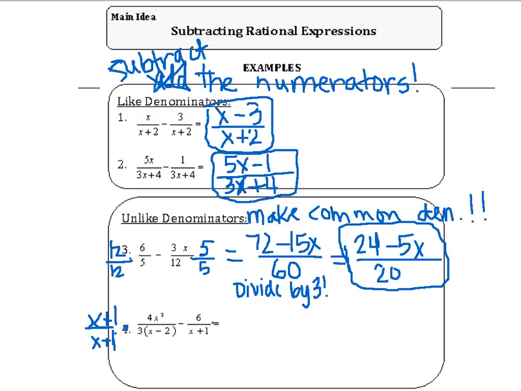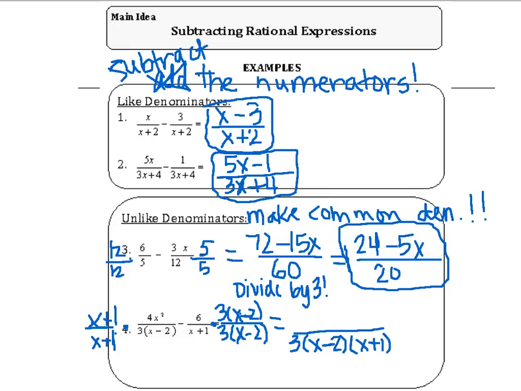And on the right side, I'm going to multiply this one by 3 times the quantity x minus 2. I'm going to do that to the top and bottom both. Okay, so my common denominator now. Let's look at everything we've got on the bottom. We've got 3 times the quantity x minus 2. And then we've also got this x plus 1. We've also got that on the bottom.